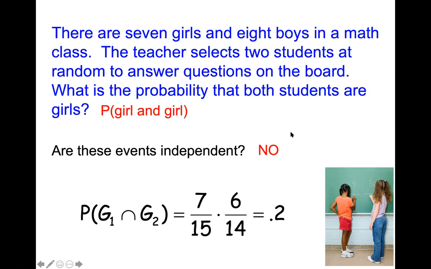If the teacher sampled with replacement and the events were independent, I would do 7 over 15 times 7 over 15. But since she wants to pick 2 different girls, that's why this is the probability. All right, any questions about that?